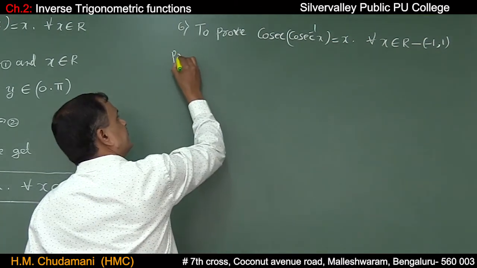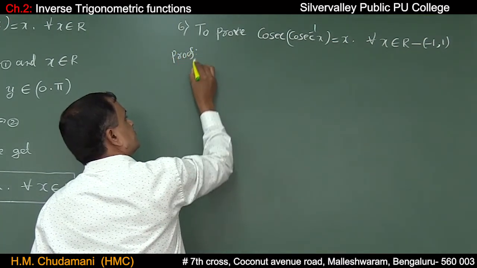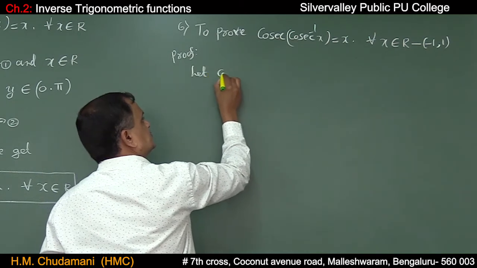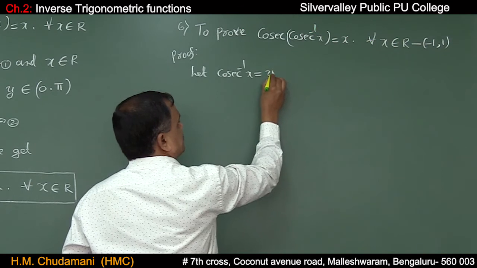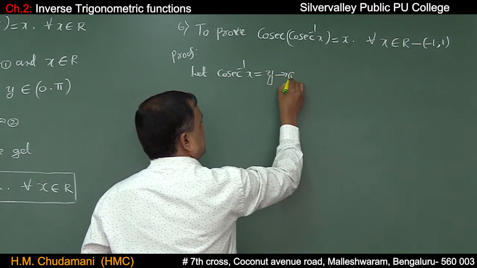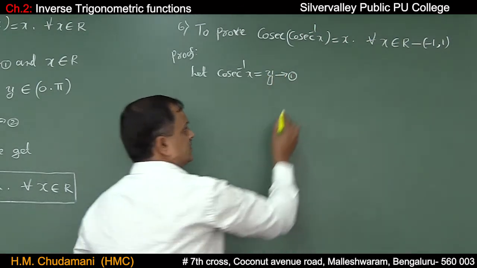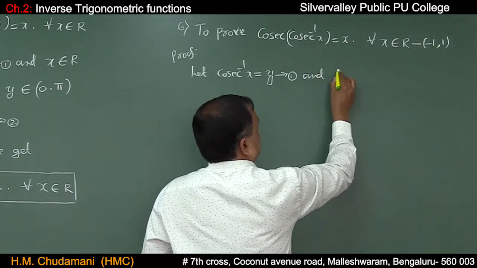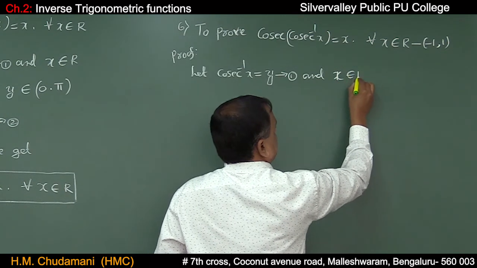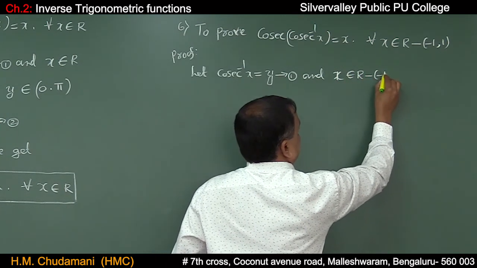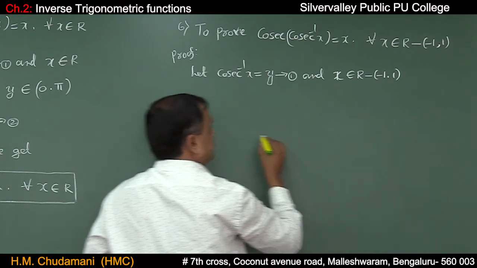Proof. Let cosecant inverse of x is equal to some y, and x belongs to the real numbers except minus 1 comma plus 1.